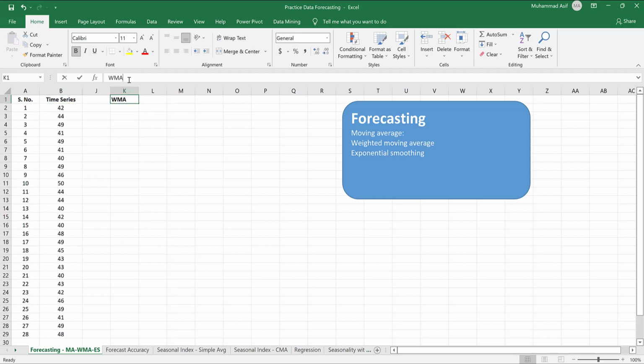use 3 period moving average, and I use weighting scheme that's 60%, 30%, and 10%.